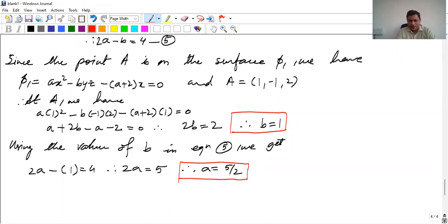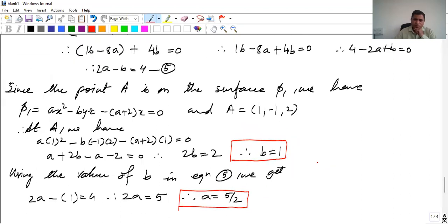Excuse me, sir. Yes. Sir, we reached up to equation number 5, 2A minus B is equal to 4. Right? And sir, if we take B is equal to 4 minus 2A and put the value of B in it, can we find the answer by it also?